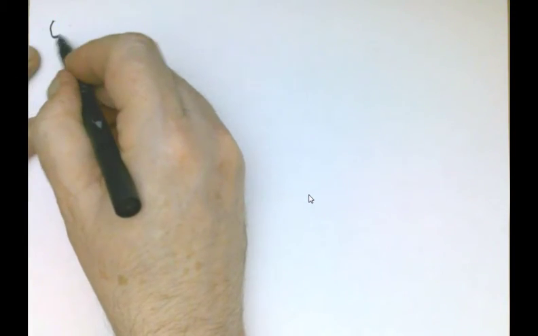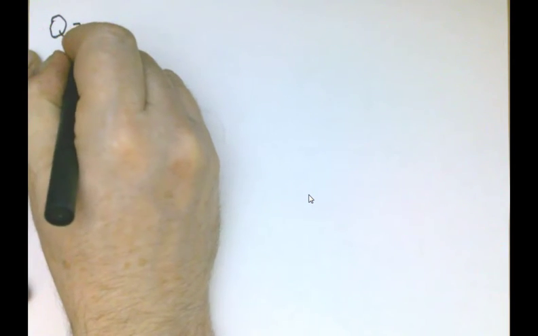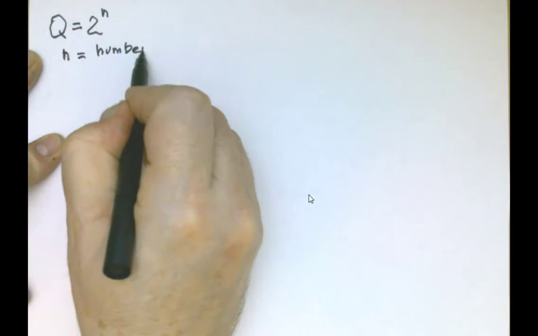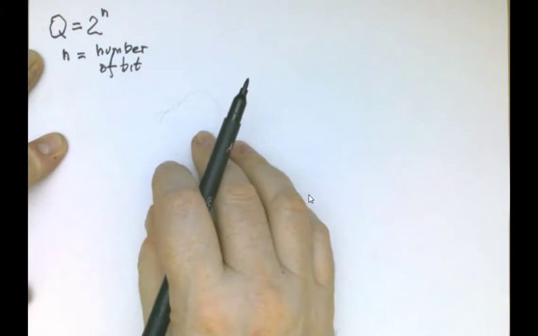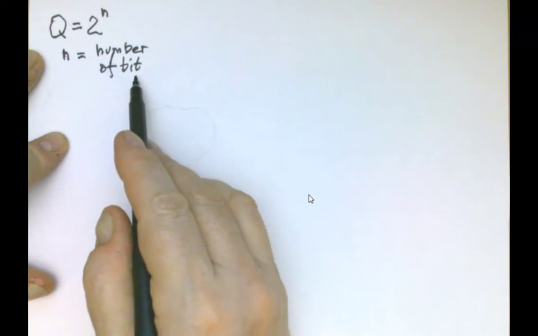Folks, as you remember, I told you that the quantity of combinations depending on the number of bits is 2 in the power of n, where n is the number of bits. To remind you, the bit is an abbreviation of binary digit.